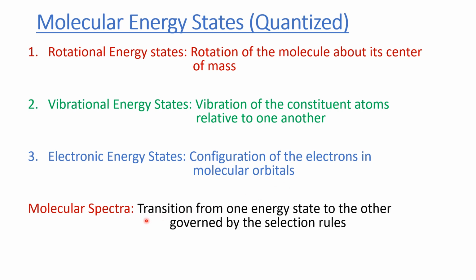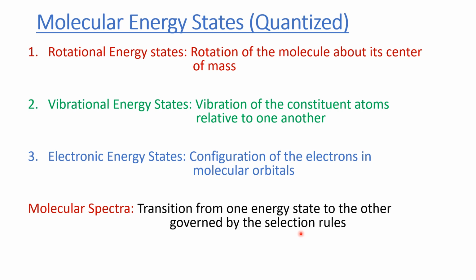A molecular spectrum is obtained because of the transition from one of these energy states to another, and this is governed by the selection rules. Not all transitions are allowed, only those which are allowed by the selection rules.